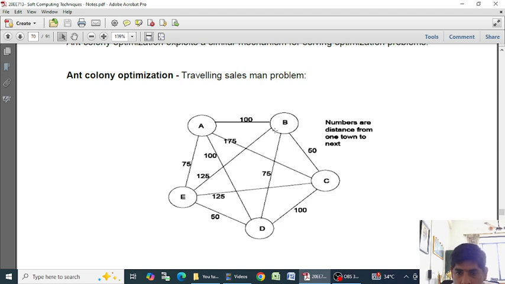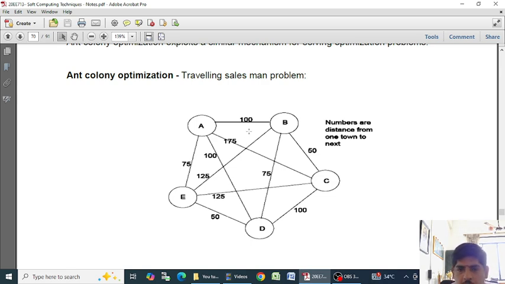Via B, A to B is 100 and B to C is 50, so 150. Going A to D and D to C, the total distance is 200. A to E, E to D, D to C is 75 plus 50, 125, plus 100, so 225. Comparatively, which one is the shortest path? The salesman moving from A to B and B to C covers only 150 kilometers. So that is the shortest path.